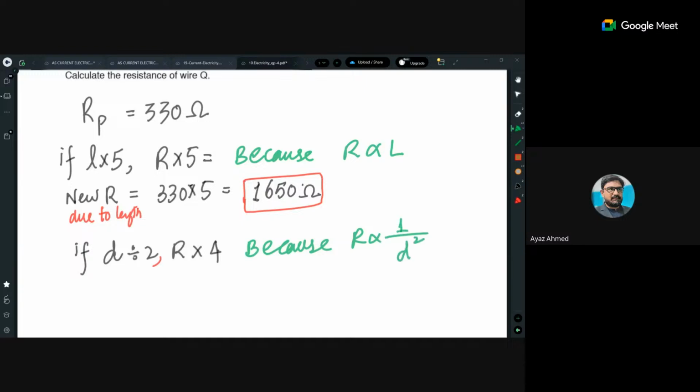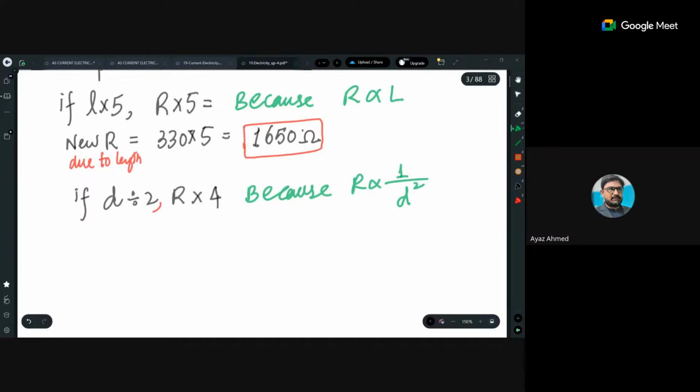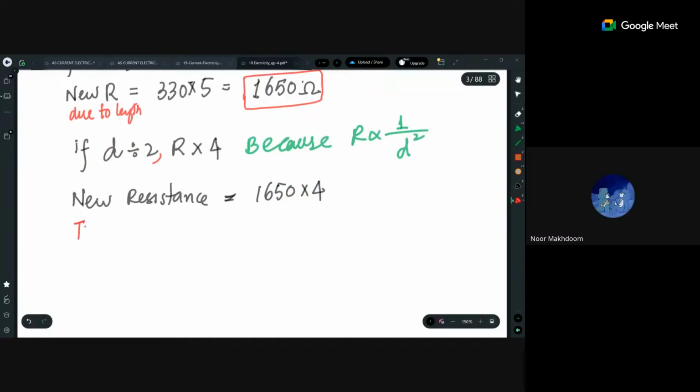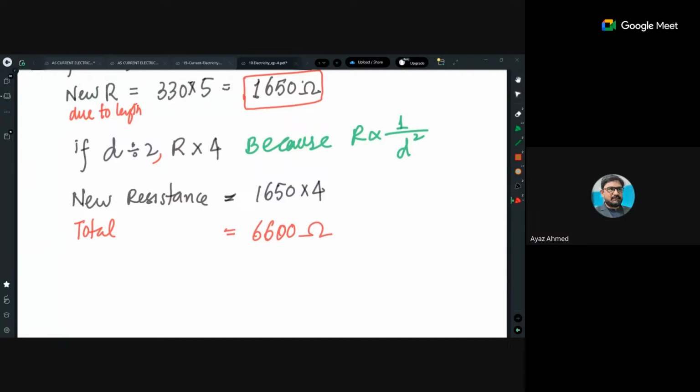That is why diameter is divided by 2 and resistance would be multiplied by 4. So what would be the new resistance? 1650 times 4. So what will be the total answer now? 6600 ohm. Is it clear to all?